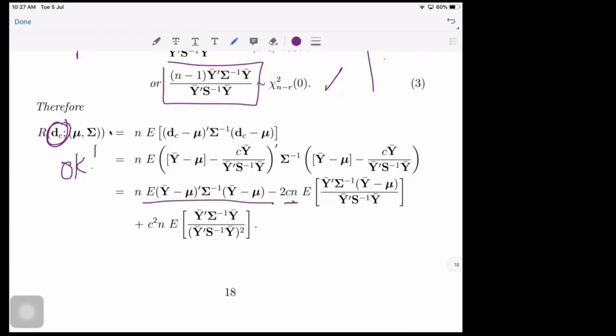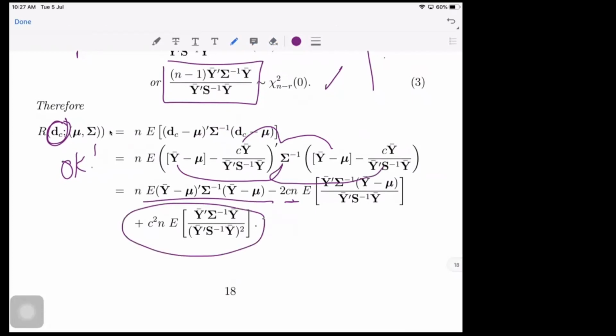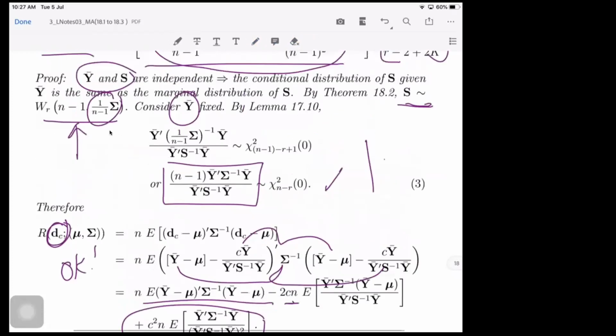Ang kining 2C, mao ni siya na term. Kini, og unsang isa. Kini, og kana.